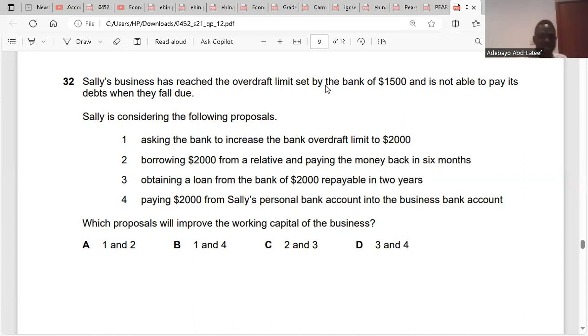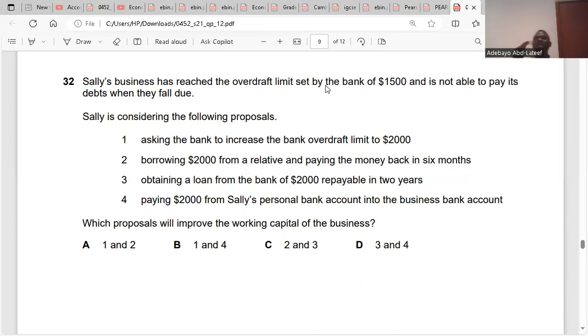So what I'm saying is this: Sally is having a short-term loan. If you're having a short-term loan and you are finding difficulty in paying them, and at the same time you are thinking about improving your working capital, the first thing you can do, which is the most suitable and easier, is to take money from your own personal account and put it into the business account, adding capital to the business.